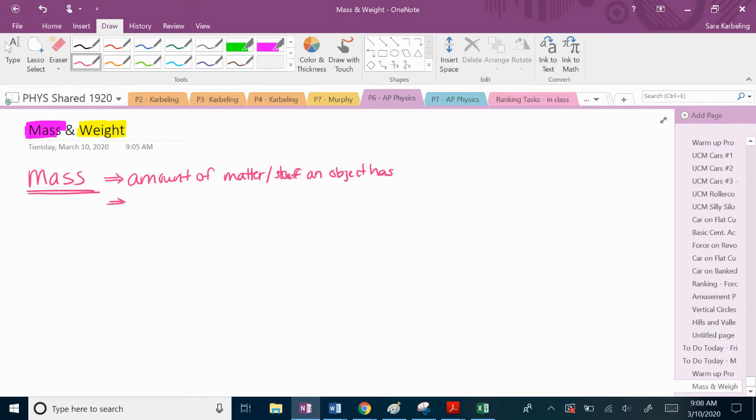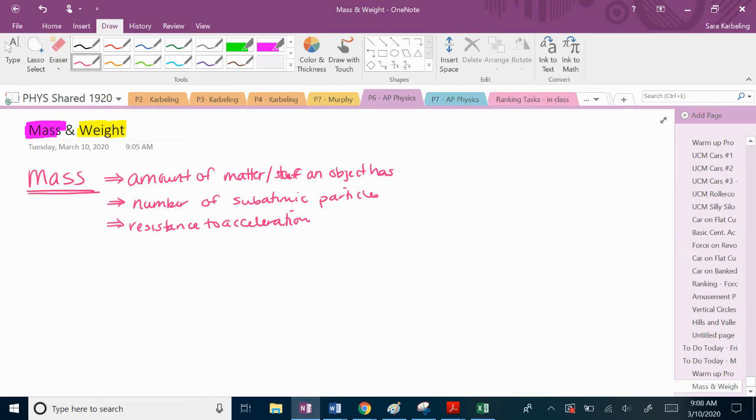Maybe the number of subatomic particles, or resistance to acceleration. Those are kind of three different ways that you might define mass. And those are all pretty great.